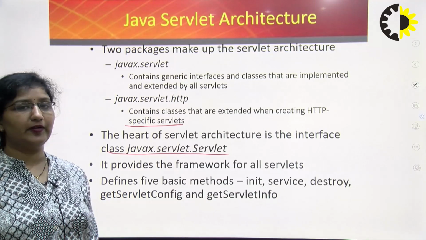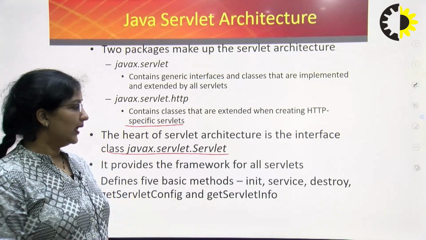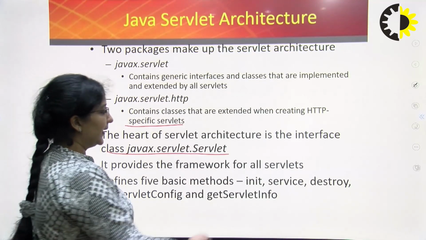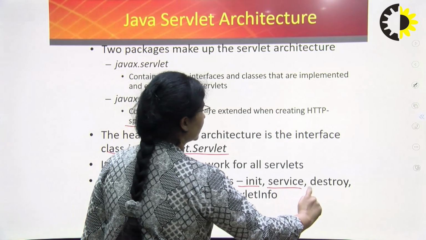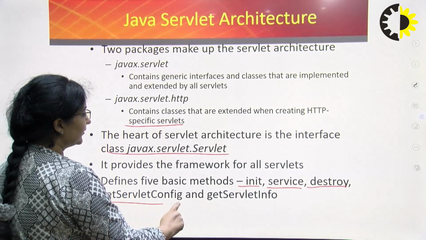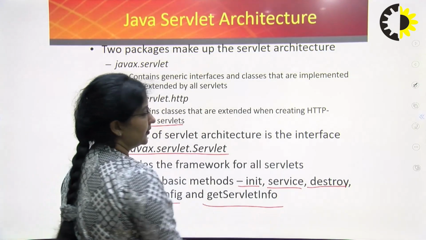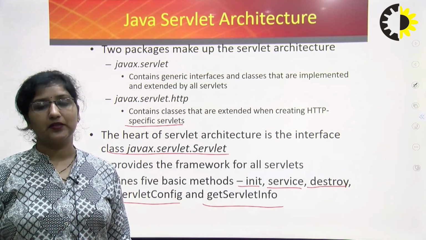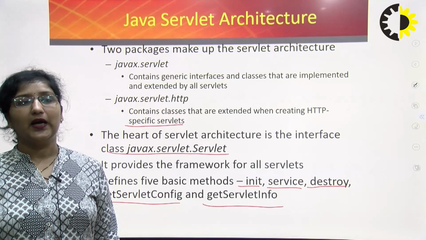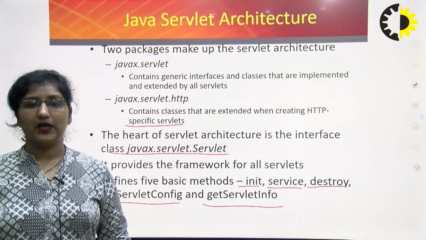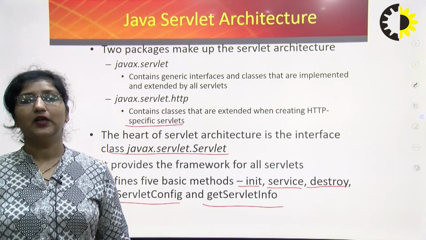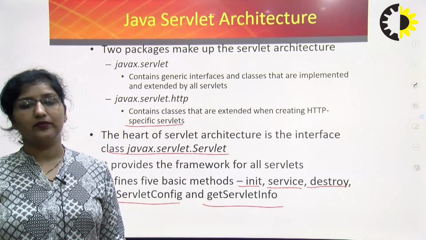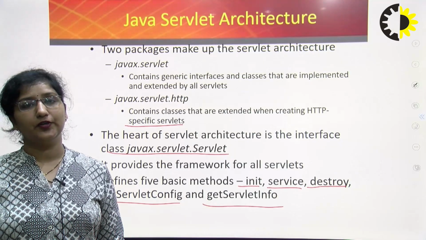It provides the framework for all servlets, and it also provides 5 basic methods which are required: init, service, destroy, get servlet configuration and get servlet information. These are required to start the servlet, stop it, get the servlet configuration, and get information about the servlet. So they play an important role.